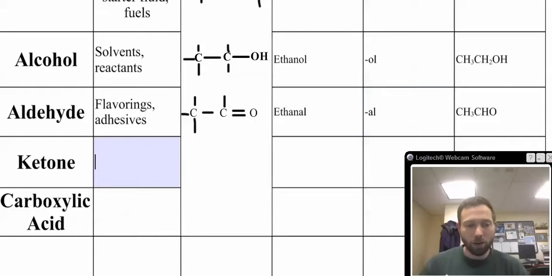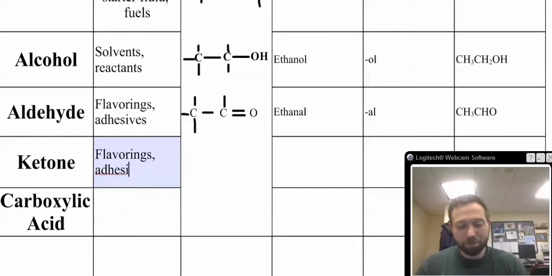Ketone, I love that word, ketone. It's very similar to aldehydes. It's used for flavorings and adhesives. But ketones are a little bit different. They have a double bonded oxygen, but instead of it being on the end, it's going to be kind of in the middle of the molecule.